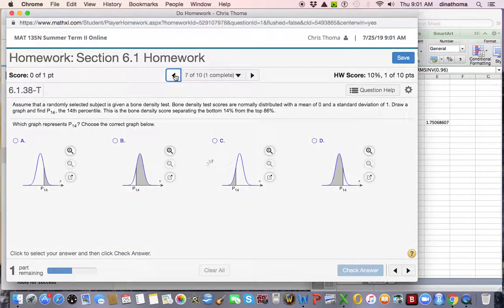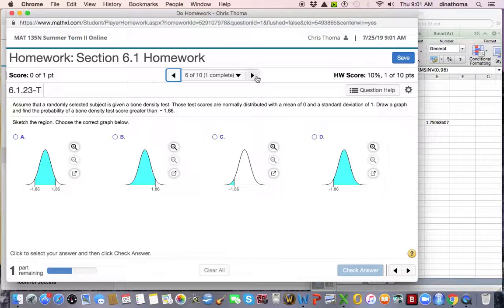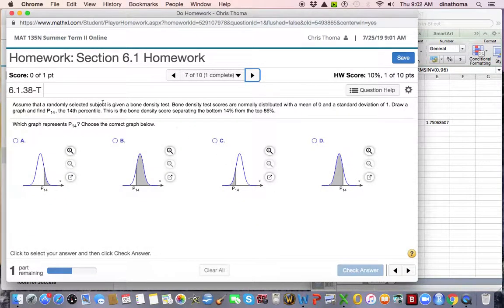So, let me go back here. Oh, this one will work. It's the same one. All right. It wants you to find with a 0, 1, so that means I'm standard normal again. Draw a graph that finds the P14, the 14th percentile, and it says right here, separating the bottom 14 from the top 86, which means I am on this graph.